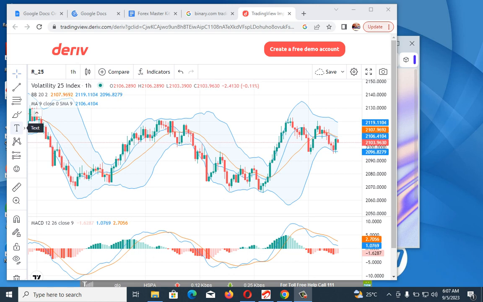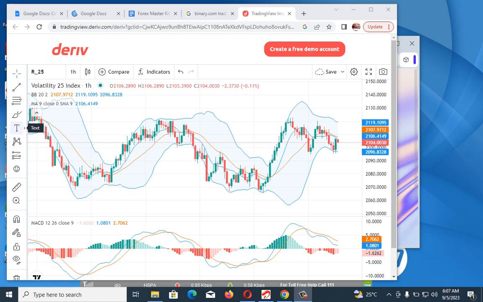You will be in a better position when you buy at this point. Even if you don't buy from this candle, you can buy from the second candle and still make good money.